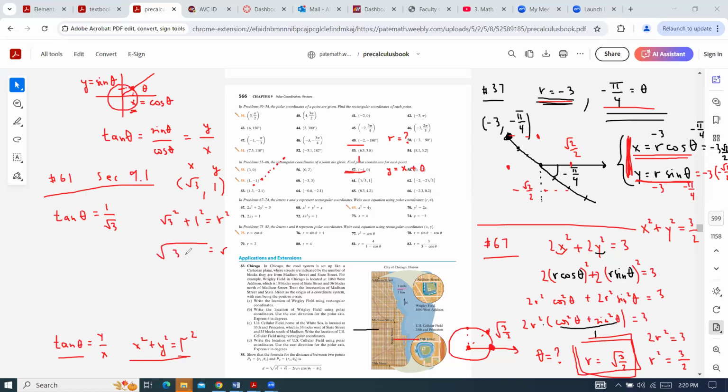So it'll be 3 plus 1, which is 4, right? Square root of 4 equals 2, isn't it? So angle theta is 30 degrees, or pi over 6, and r is 2.